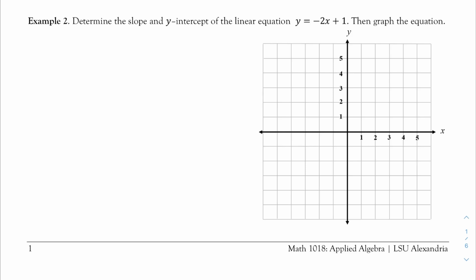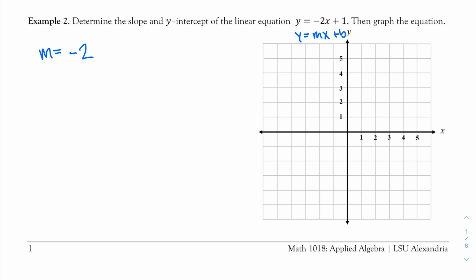Well, this looks a lot like slope-intercept form, mx plus b. In this case, I'm just asking the slope, what is m? The y-intercept, what is b? So if I compare my slope-intercept form to my equation, I can see that slope m should be negative 2.